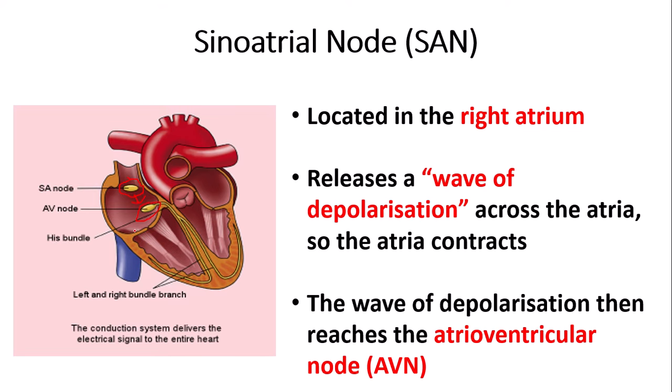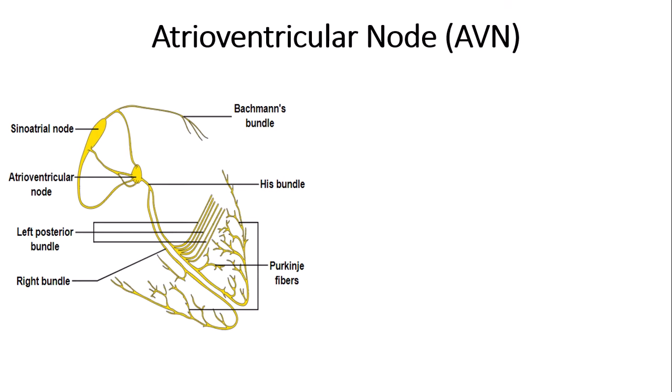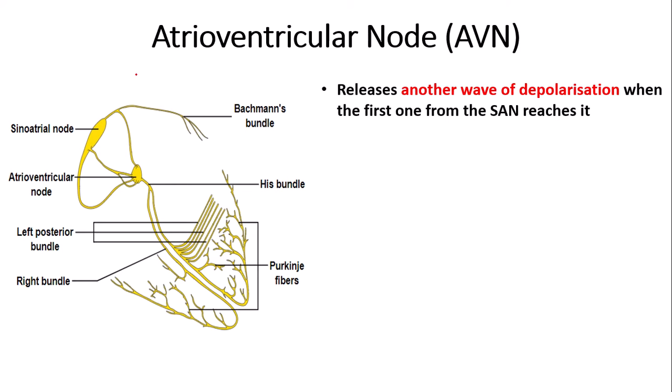Here we have another image of the AVN and the sinoatrial node connected to it. The wave of depolarization travels along here to the AVN. So what does the AVN do? The AVN releases another wave of depolarization, so another electrical signal. This occurs when the first wave from the sinoatrial node reaches it.